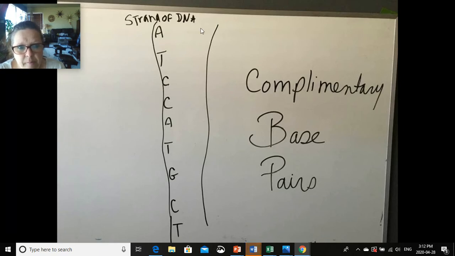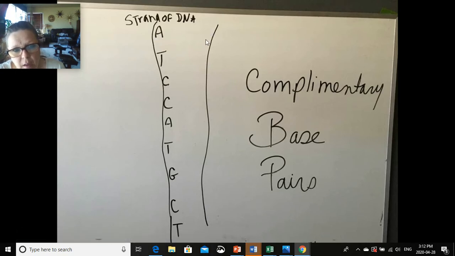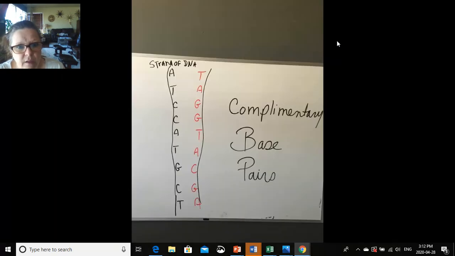So on this side of the molecule, if you could just write down what base would go here. You could stop the video for a second and just work this out for yourself and then come back. That would probably be a really good idea.